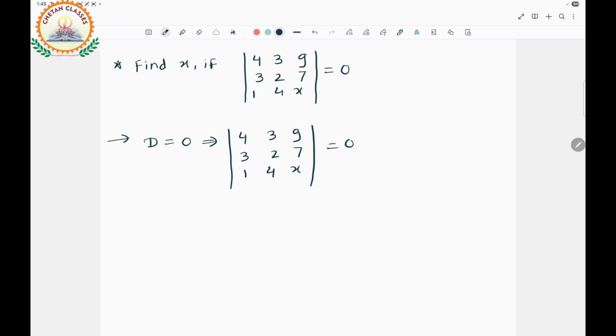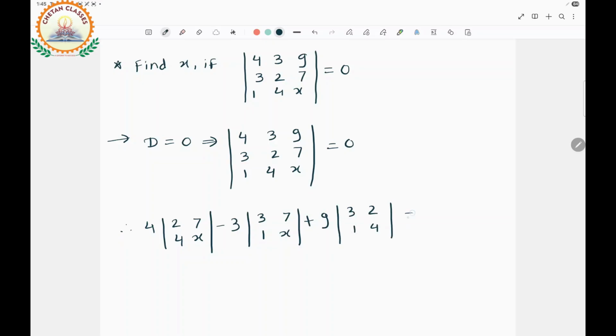Now we know the formula of the 3x3 determinant. So therefore we get 4 into, removing the first row and first column, the remaining 4 entries, take the determinant of that, that is 2 7 / 4 x, minus 3 into, removing the second column and first row, the remaining entries 3 7 / 1 x, plus 9 into the determinant of 3 2 / 1 4, is equal to 0.